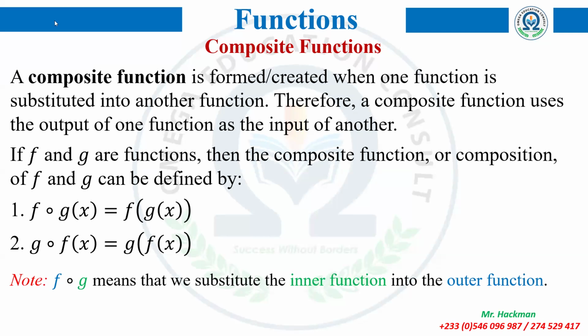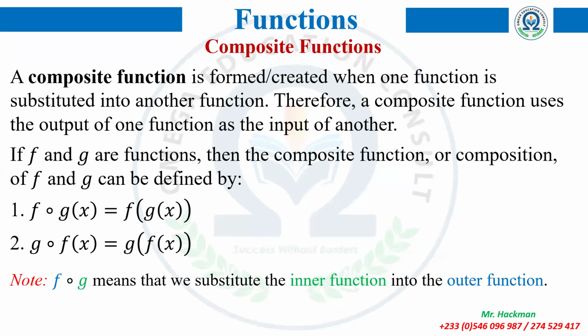So quickly, let me read what we have here. It's just a simple concept. A composite function is formed or created when one function is substituted into another function. So it means you are working with more than one function, and I'm restricting myself to 2 functions.